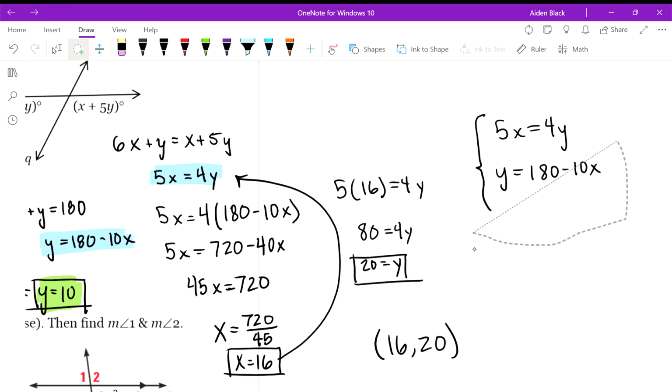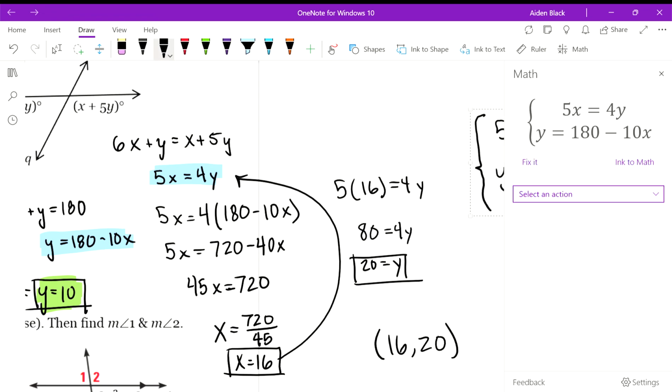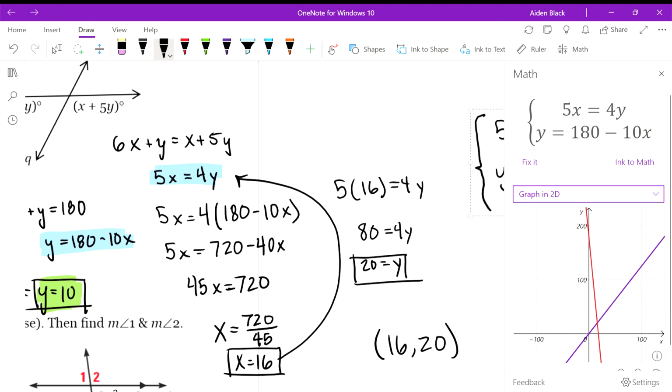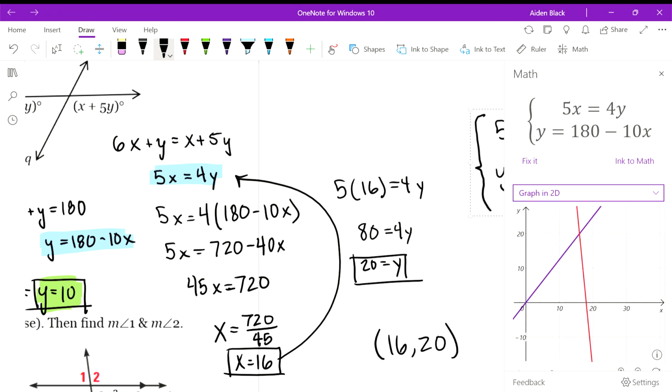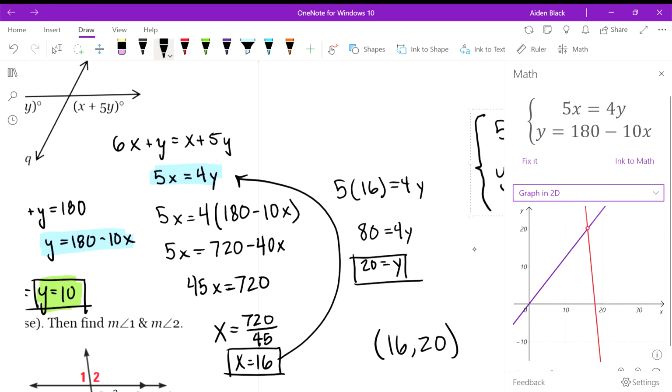And hopefully this will read this as a system of equations. Graph in 2D. So you can see the solution here would be 16. This is the point where they meet, that intersection there, 16, 20.